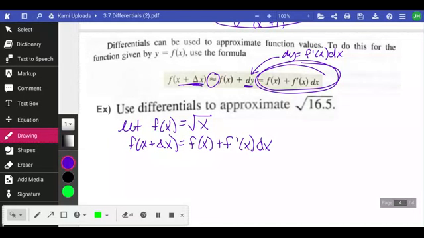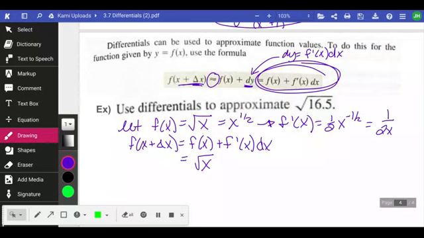So exactly what's above, but I'm going to now plug in the information I know. I know that f of x is root x, and I can calculate f prime of x by just doing the derivative. The derivative of x to the 1/2 is 1/2 x to the negative 1/2, which you can also write by moving everything down except for the 1, or you can do a square root.